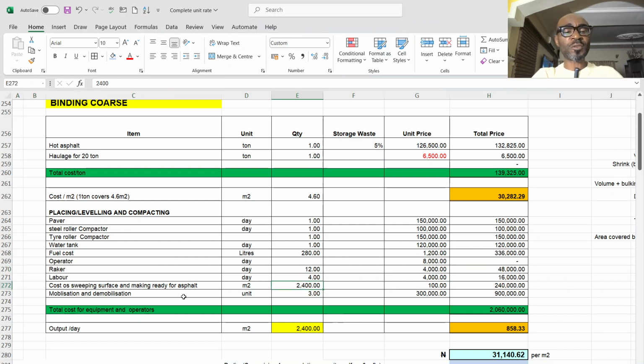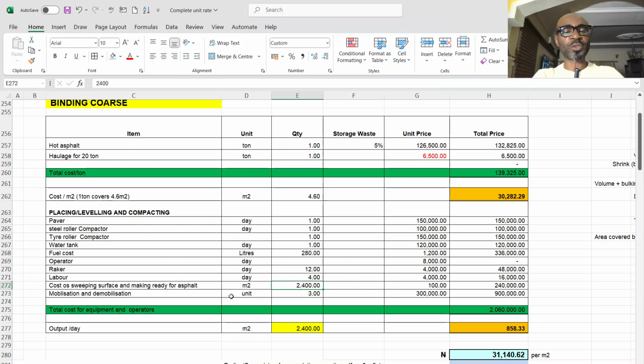And the cost for sweeping: before you lay the binding course, you need an MC1 that you're going to spray. You're going to spray an MC1 with sharp sand sprinkled on it. So you need to clean up the sharp sand.